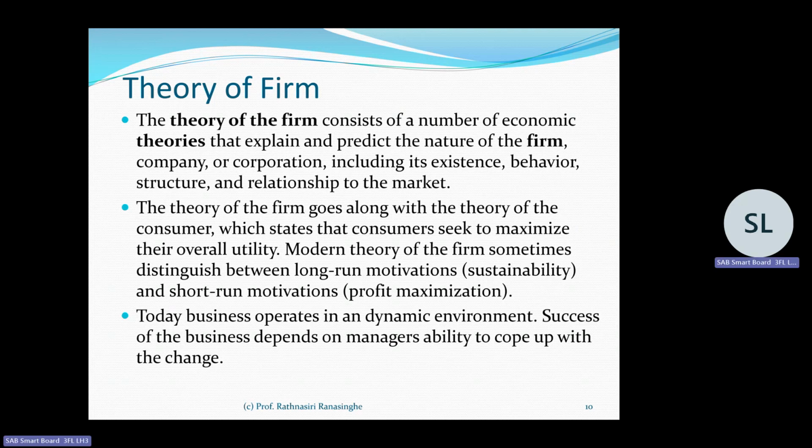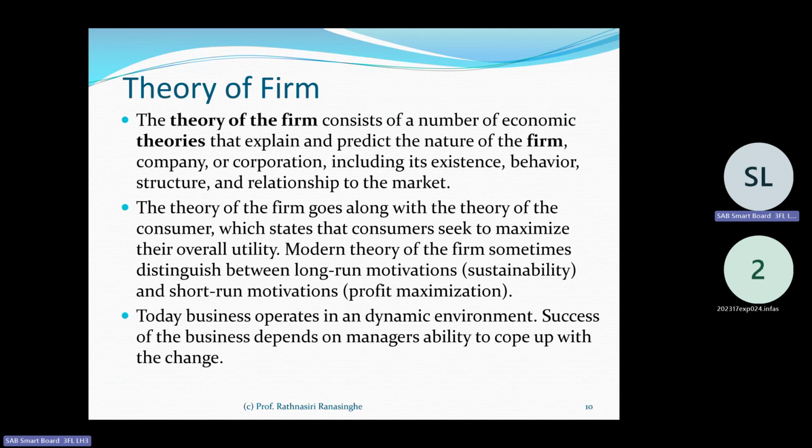We are going to make the success of the business. Even though we talk about the success of the business, today it depends on the abilities of the managers, because ownership and management are two different things.